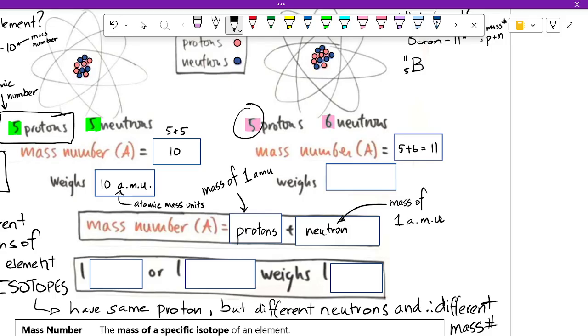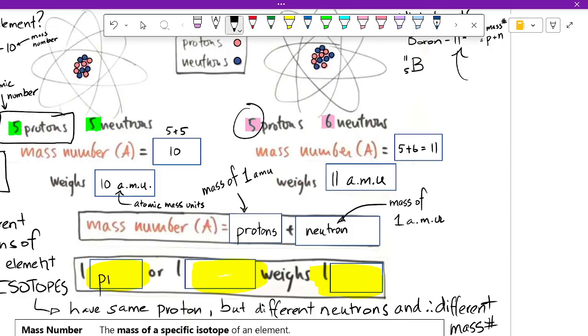Okay, and we can fill in the rest of these boxes here. Our boron 11 weighs 11 AMU. And then finally, our boxes down here, we have one. What are the things that weigh one?